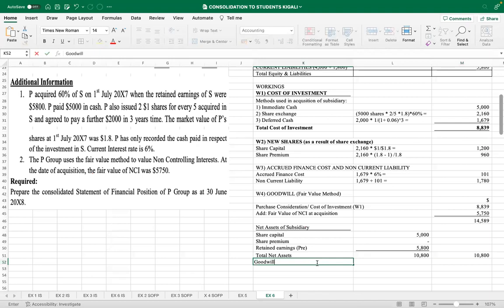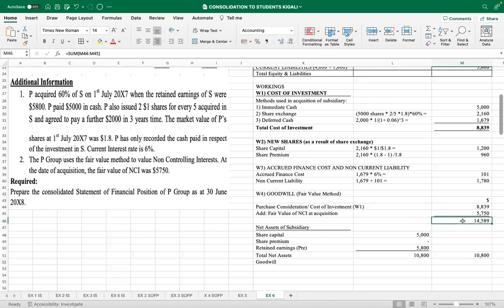Goodwill is equal to the purchase consideration plus fair value of NCI minus the total net assets. Please note, if it was method 1 of calculating goodwill, you could have taken 60% of that value.